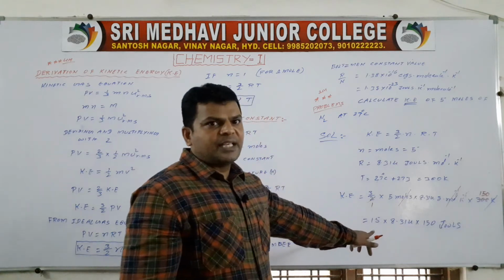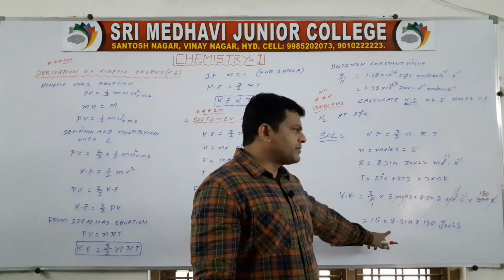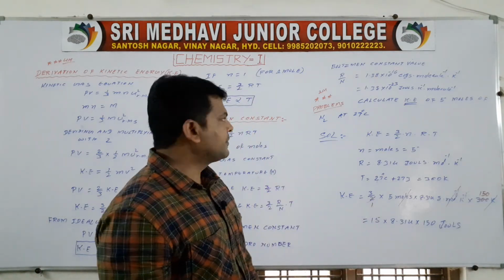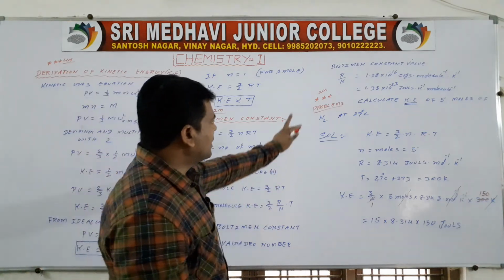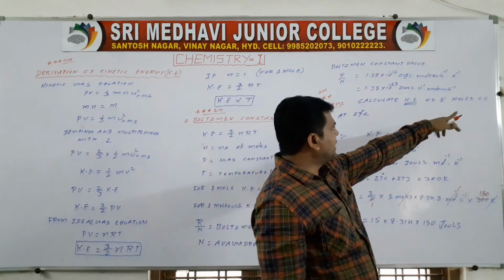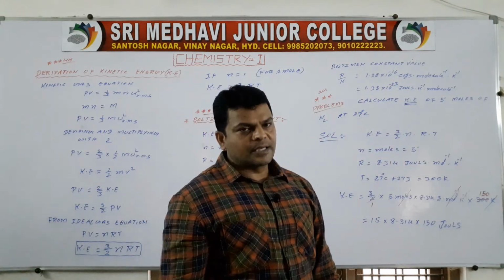You have to simplify this value and give the right answer. This is the kind of problem we are going to face in board exams: calculate the kinetic energy of 5 moles of nitrogen at 27 degrees Celsius.